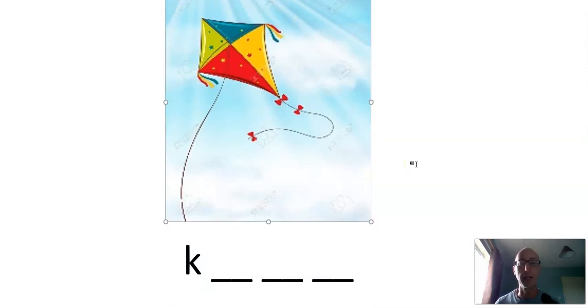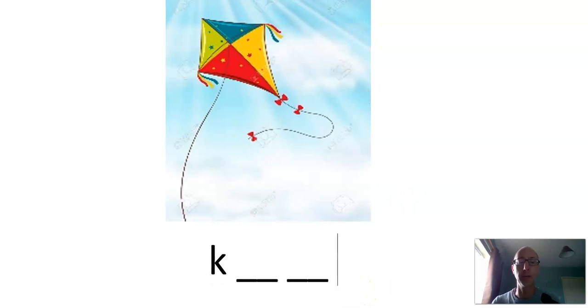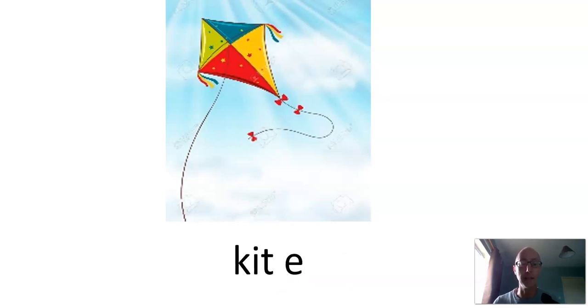This is a kite. Kite. So from the sound, how do you spell it? Again, we know we have an E here. And we know we have an I second. Kite. It's a T. So again, the sound helps you spell the word.